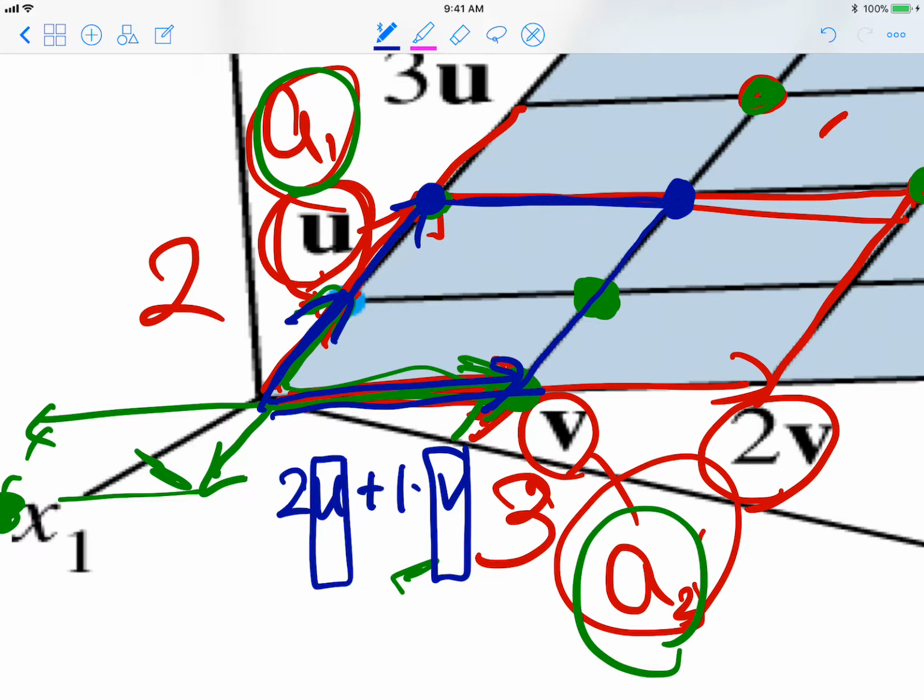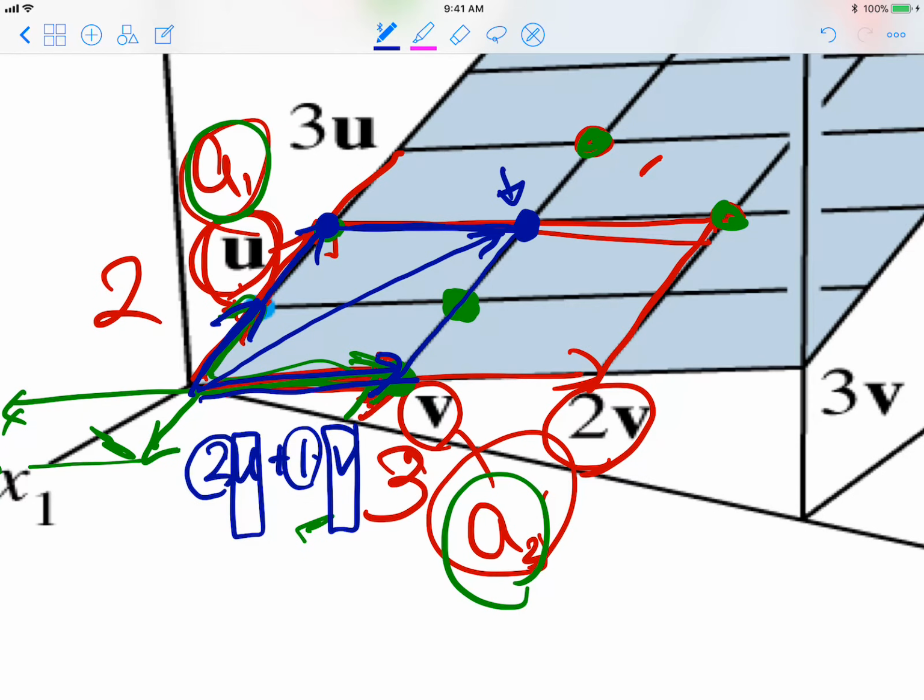So we studied this parallelogram, and the vertex of our parallelogram is the resulting vector after adding these two vectors. This one corresponds to the point where we have 2 and 1 as linear combination coefficients. But what about 1 and 2? It will correspond to here. And 0 and 1 will correspond to here.